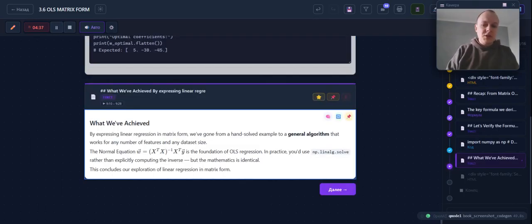And what we just achieved by expressing linear regression in matrix form, we've gone from a hand-solved example to a general algorithm that works for any number of features and any data set size.